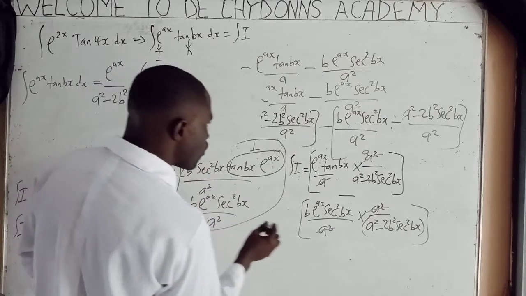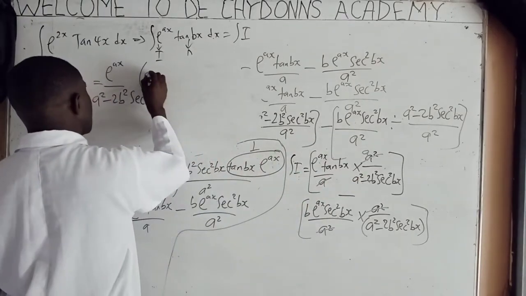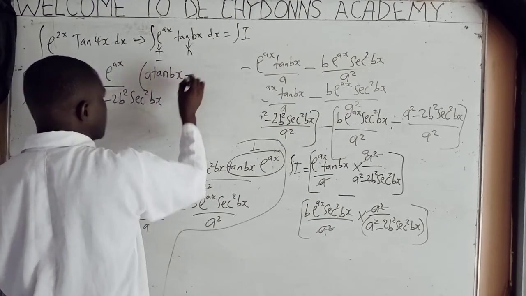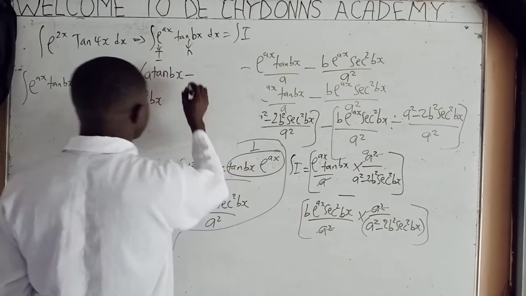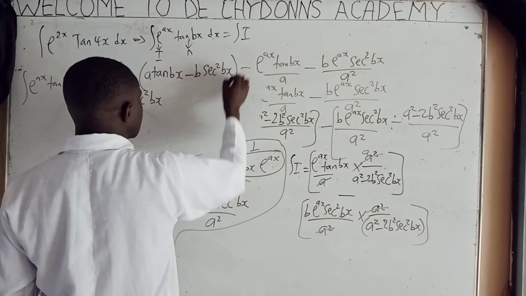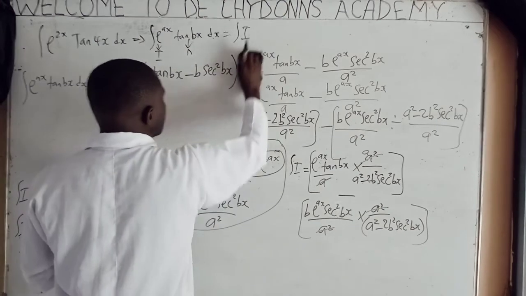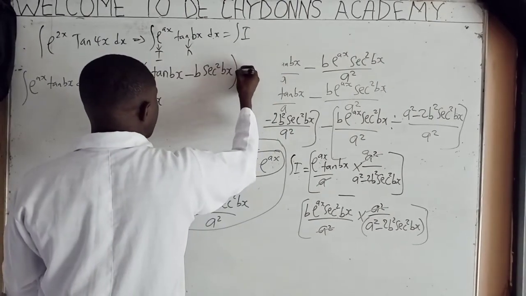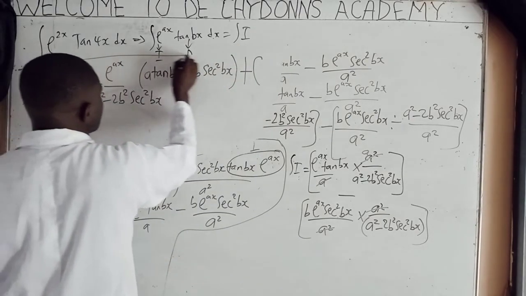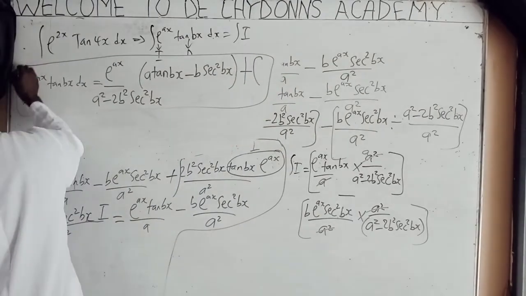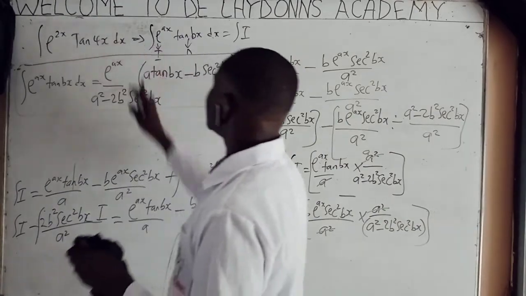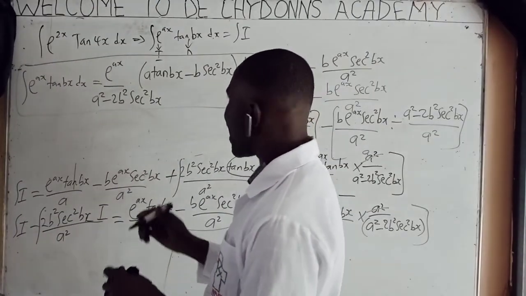I will say a tan bx minus b sec square bx. So this is the integration formula I'm going to use. I included plus c because this integration symbol does not have upper and lower limits.